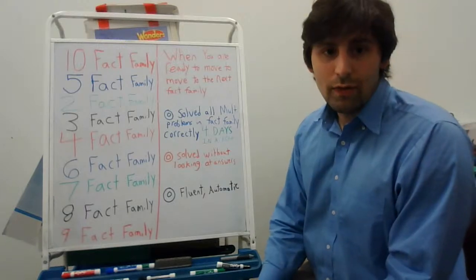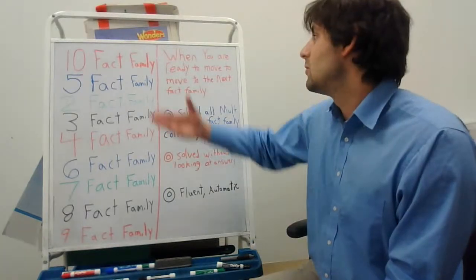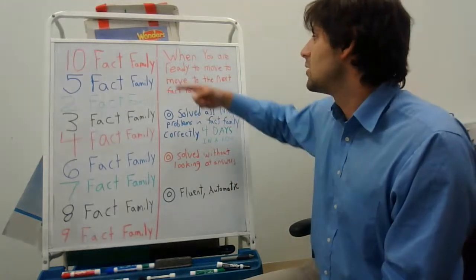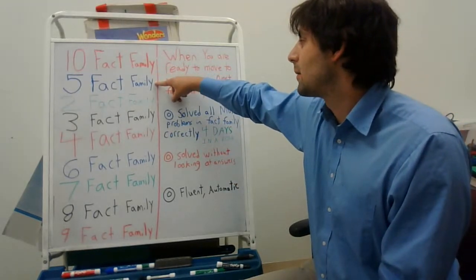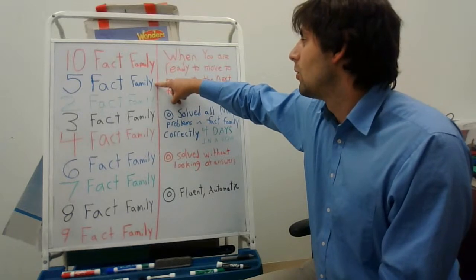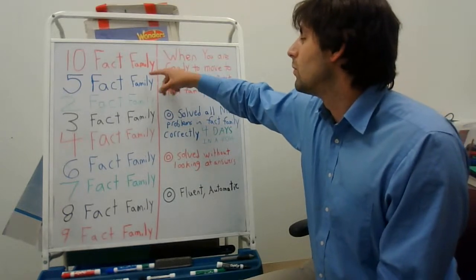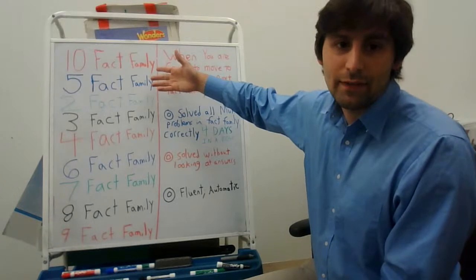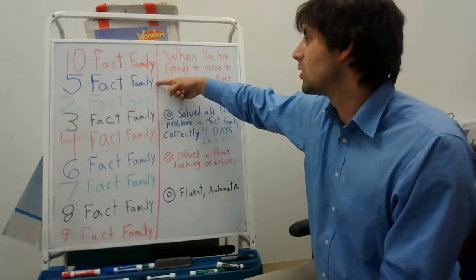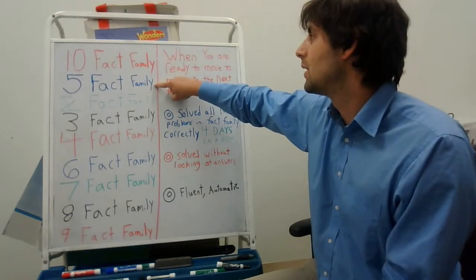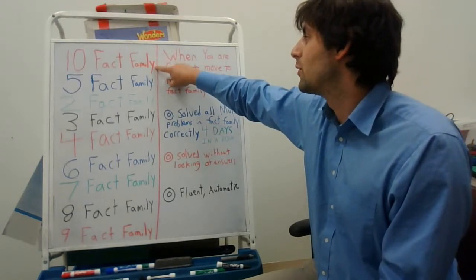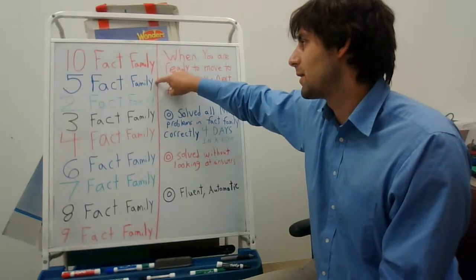And when you do move on to a new fact family, like let's say you've met the criteria, you mastered the 10 fact family. You're starting the 5 fact family for the first time. Review the previous fact family you mastered before starting with the new one. The first day that you're starting with the 5 fact family, take 5 quick minutes, review all the problems in the 10 fact family.